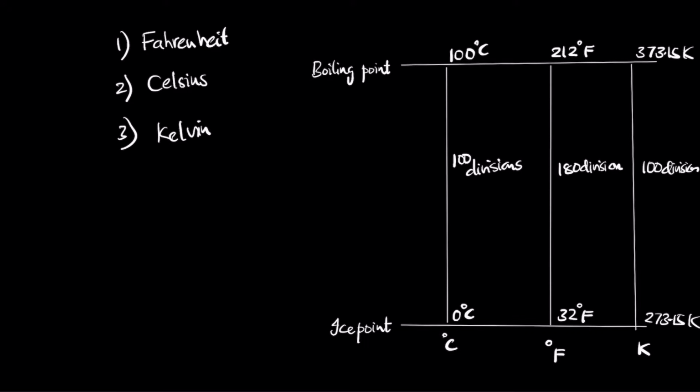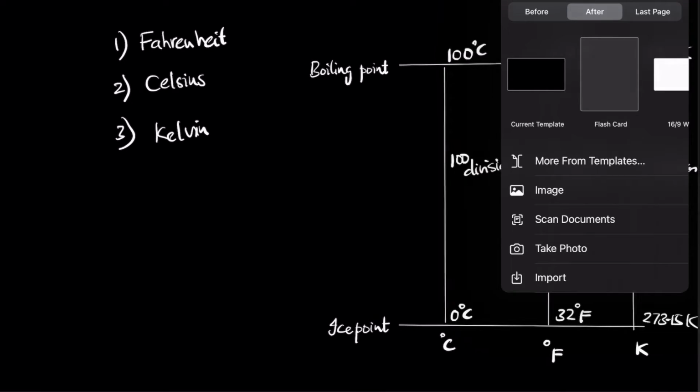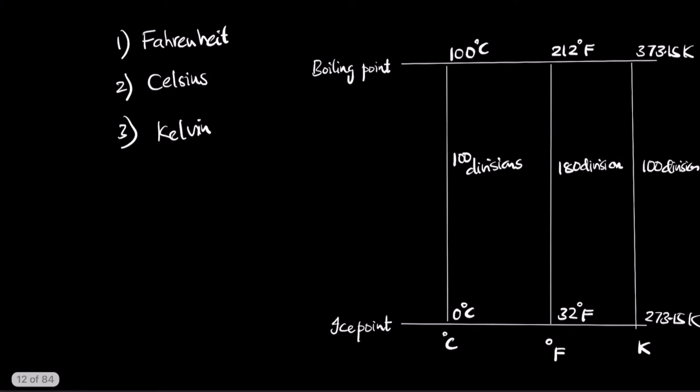So it's easy to understand the relationship between degree Celsius and Kelvin. Any temperature in Kelvin can be written as the temperature in degree Celsius plus 273.15.